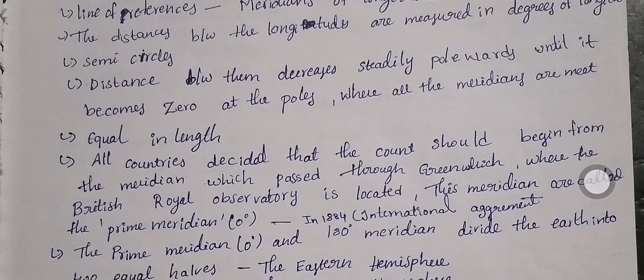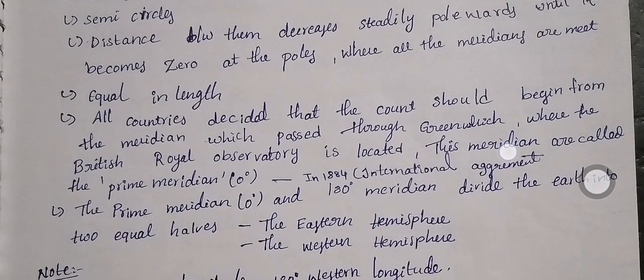The length of all the semicircles of longitude is equal, but if you compare with the latitudes, which are circles, the length of the circles goes on decreasing as you go towards the poles, and the distance between the circles is equal across the entire globe.